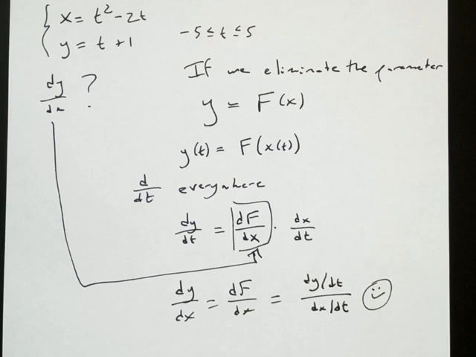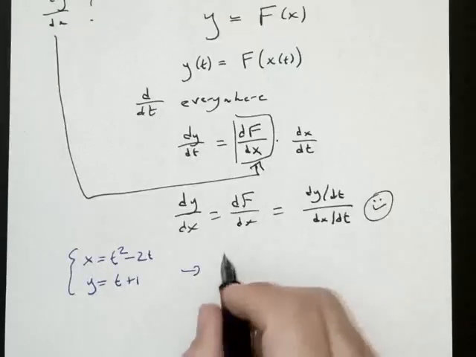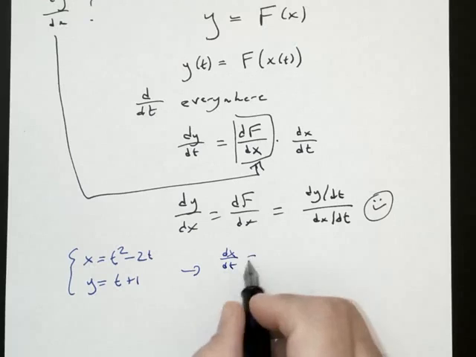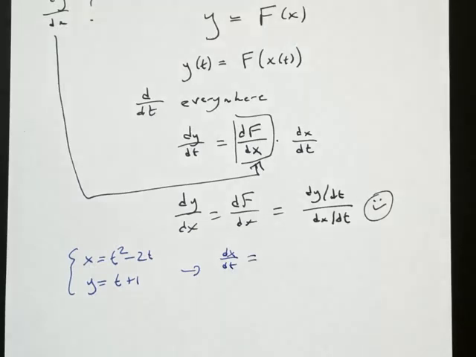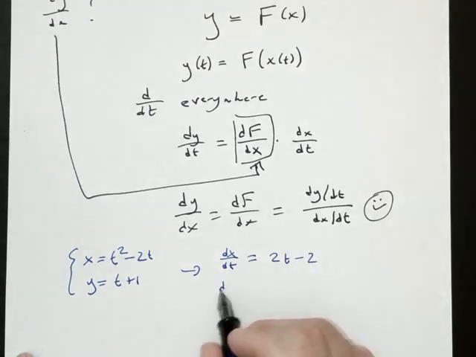With our set of equations, what's dx/dt? There. 2t minus 2 is dx/dt. And then dy/dt is 1, because the 1 goes away unless it's 1 over t.